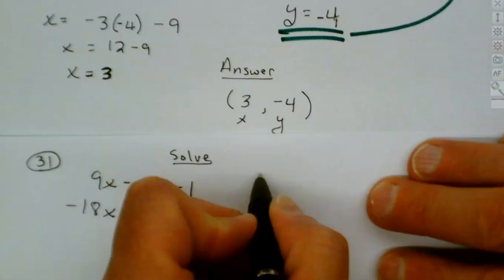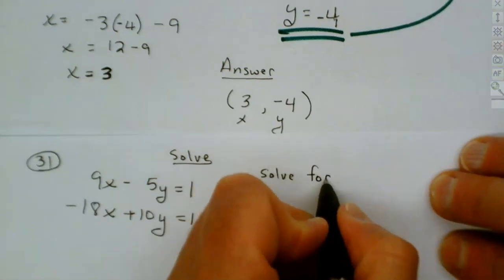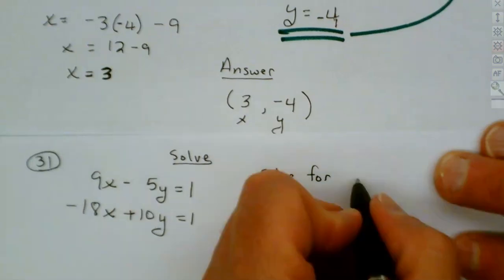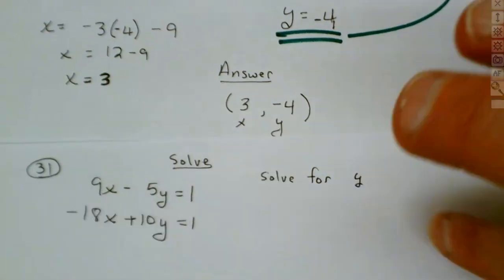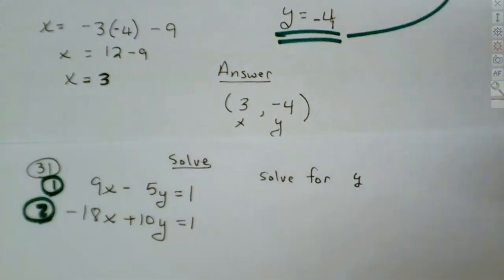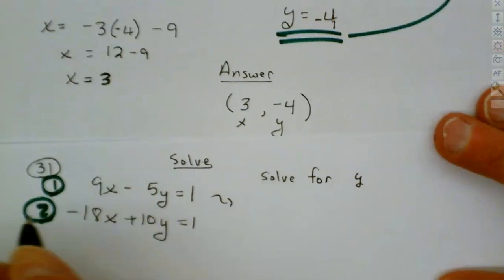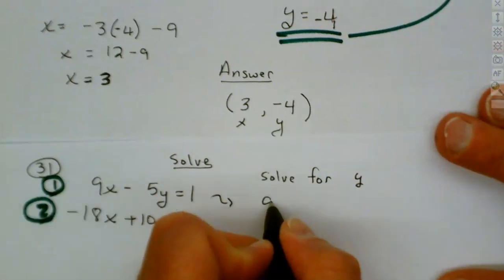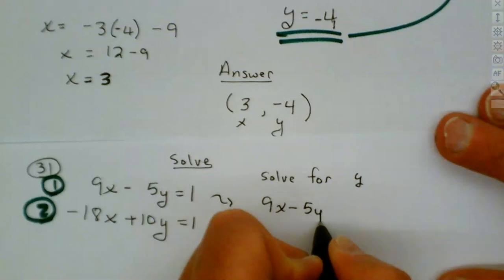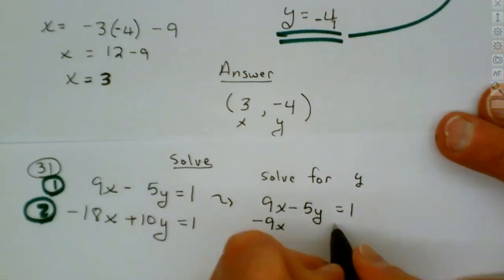So I'm going to go ahead now and solve this for either variable. How about we solve it for y? So let's take our first equation and solve it for y. And we've got 9x minus 5y equals 1. So move that 9x over.